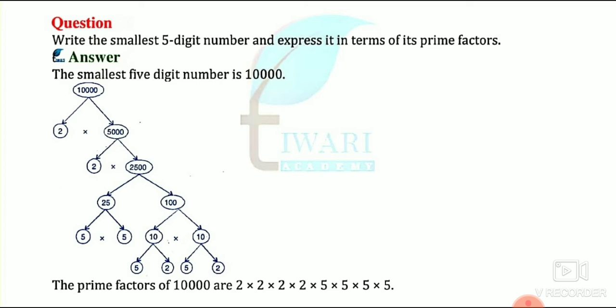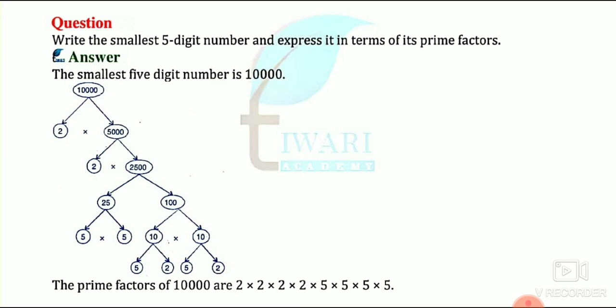If you multiply these 2 into 2 into 2 into 2 into 5 into 5 into 5 into 5, again you will get 10,000.